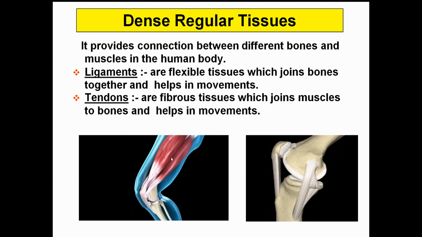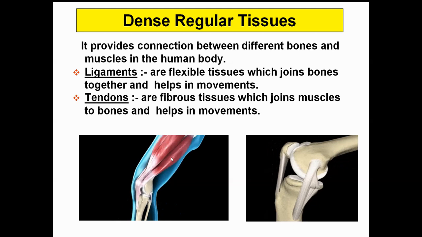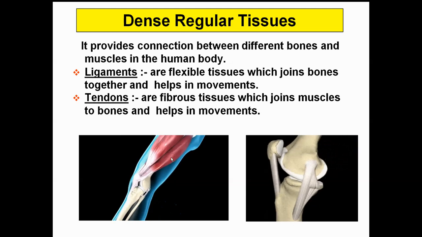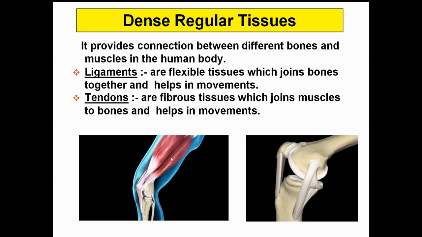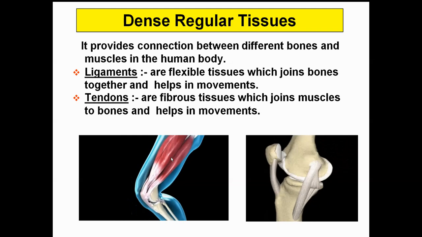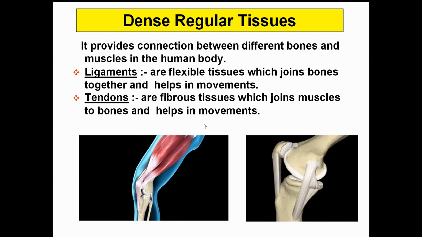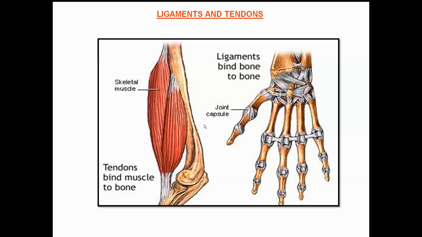So they have proper blood supply as well as help in contraction and relaxation. They are very important from the locomotion point of view of the body. You can see here, these are the tendons, and ligaments join the bones, and they are quite flexible and elastic.